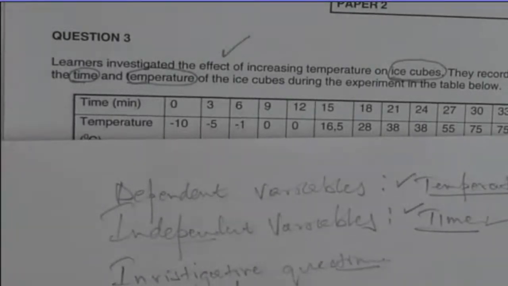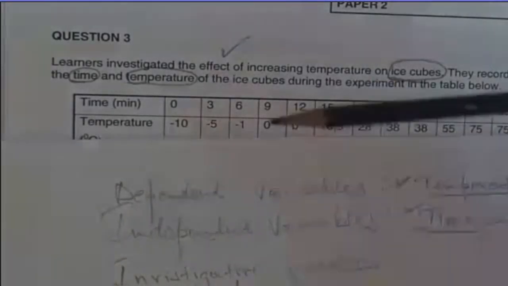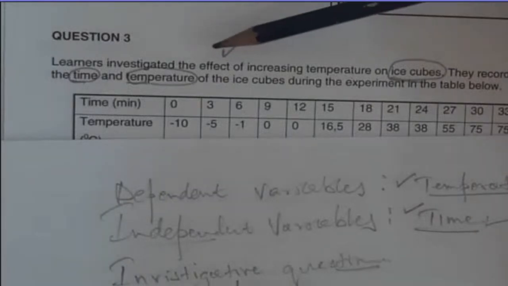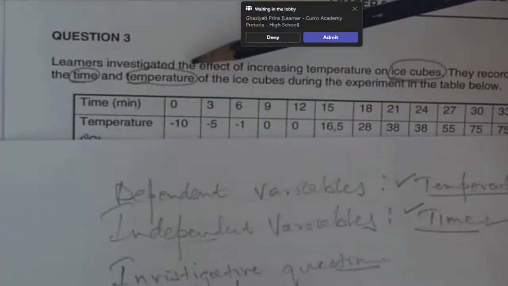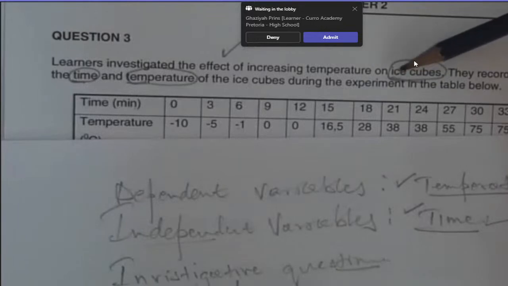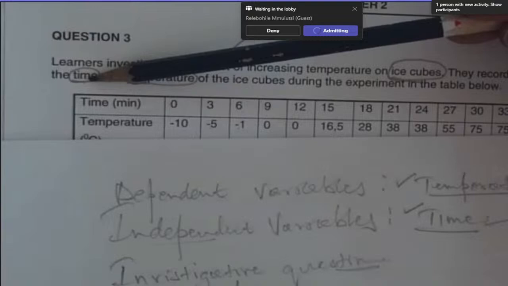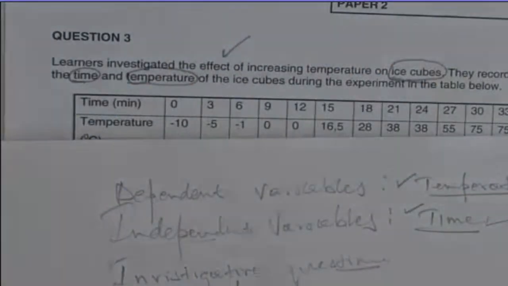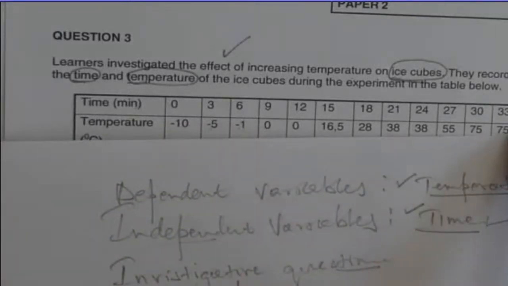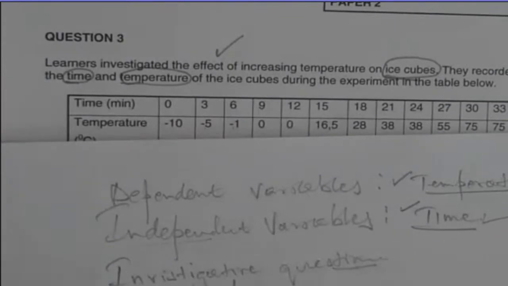I can put a question mark. I'm not sure what you feel about this one, because remember, I need to check what I'm investigating here. I want to check the effect of ice on temperature as well as recorded time. So if I say, how does an increase in temperature and time affect the effect of the ice cubes, or what else can I say?